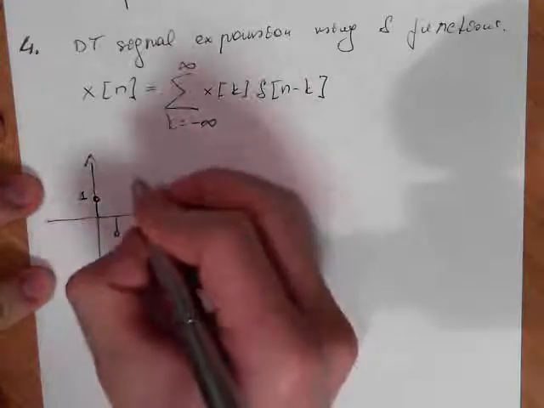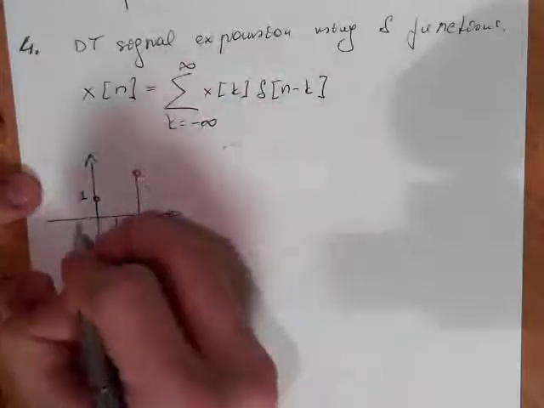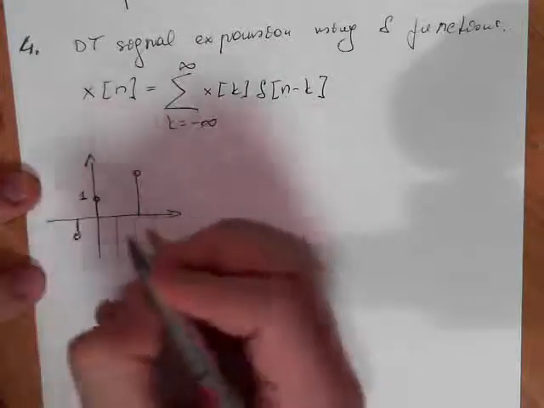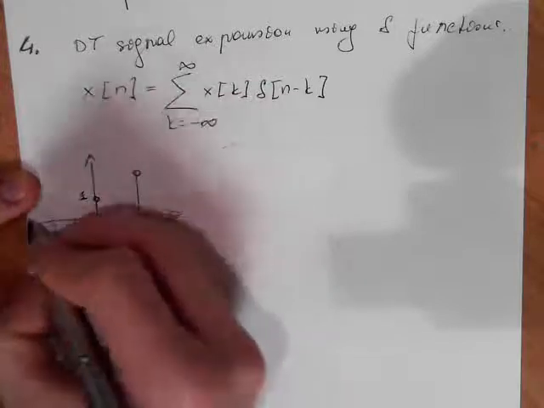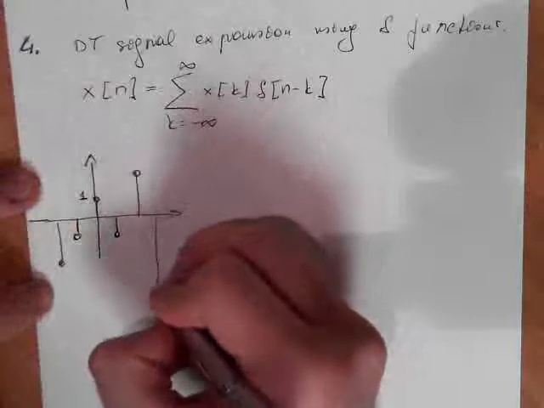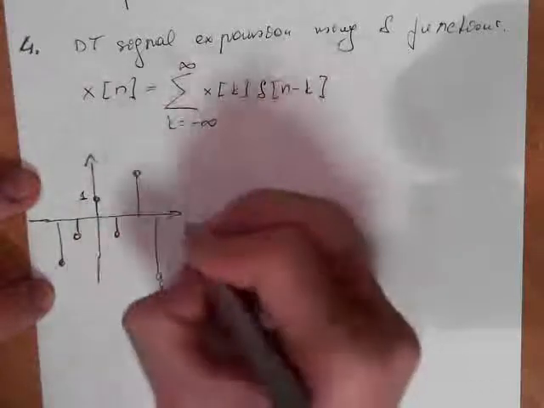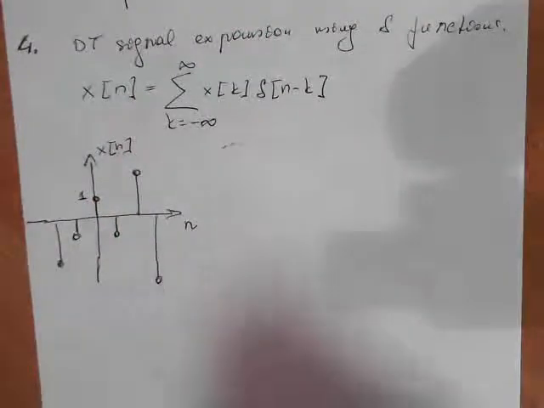Here is -1, here it is 2, here it is -1 again, here it can be -2, here we can have -3. So this is n, this is x[n].